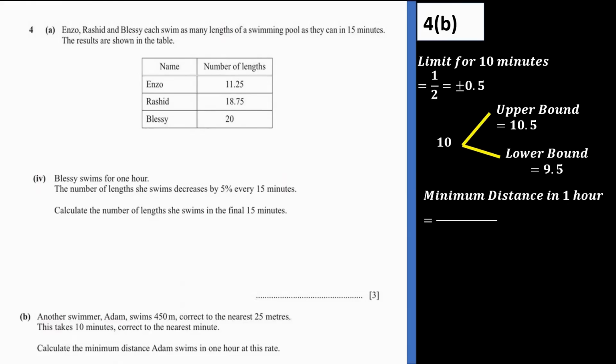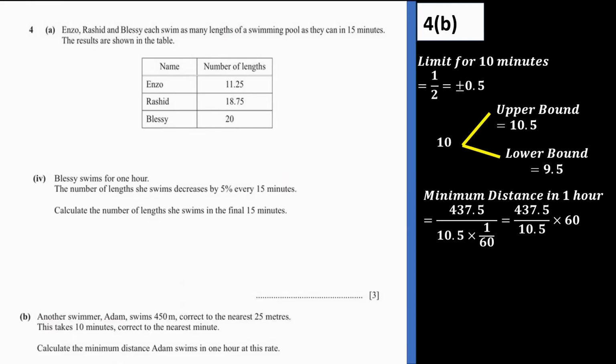All right, so the minimum distance in 1 hour, this is going to be taken as a rate, distance per time, which is acting as speed. So it's going to be 437.5 over the time, which is going to be 10.5.